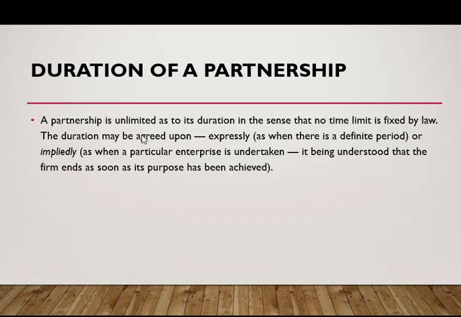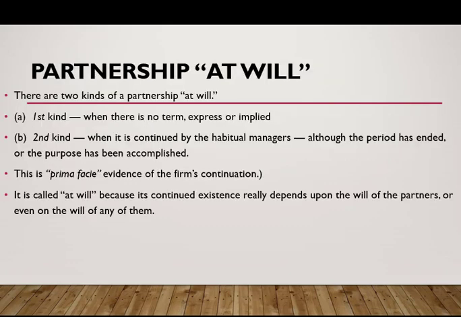A partnership, this is the same as a corporation, has an unlimited duration, or no time is fixed by law as to how long it should exist. The duration may be agreed upon expressly when there is a definite period, or impliedly when it is because of a particular undertaking. So it is understood that the firm will end as soon as the purpose has been achieved.